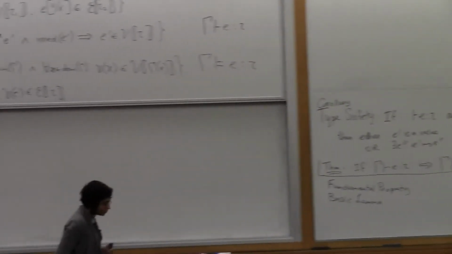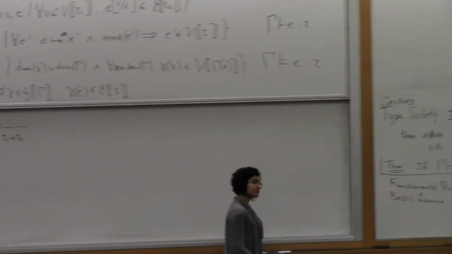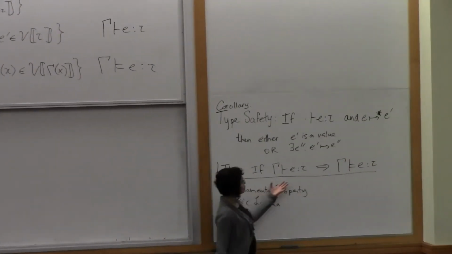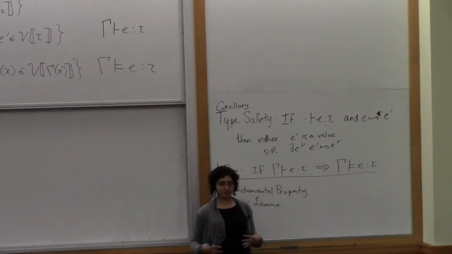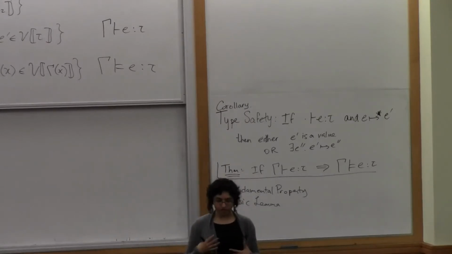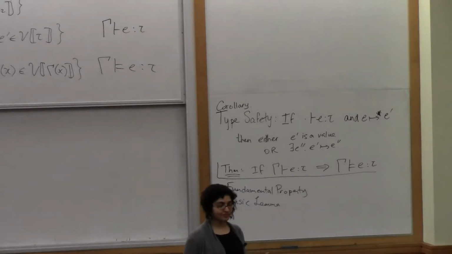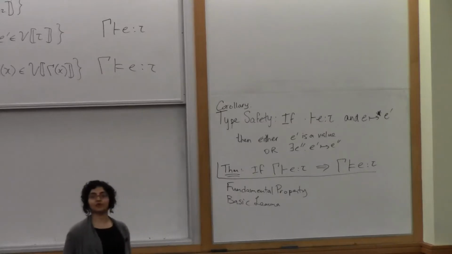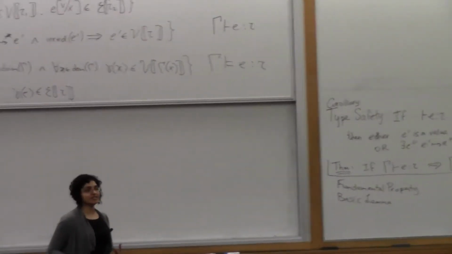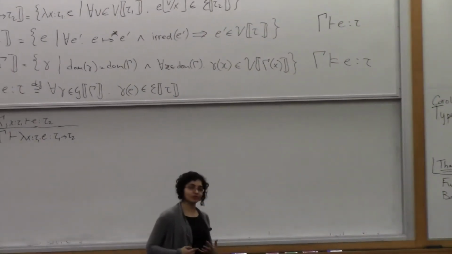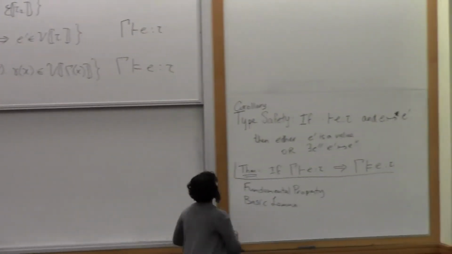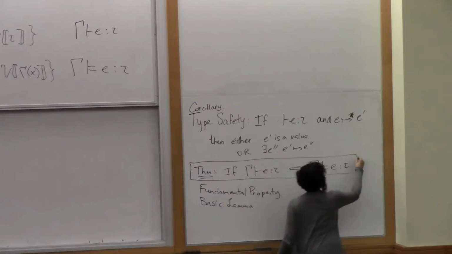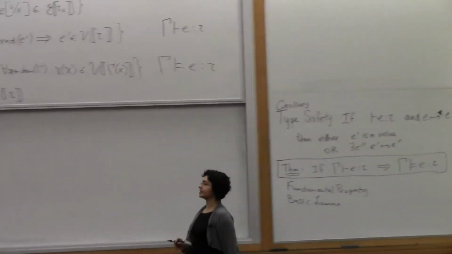Whenever you set up a logical relation, you always then have to go and prove a fundamental property, which basically tells you that your logical relation is internally consistent in some way. And you'll start to see what I mean by that a little bit more when we get to binary logical relations. Okay? All right, so this is the fundamental property that we're proving.